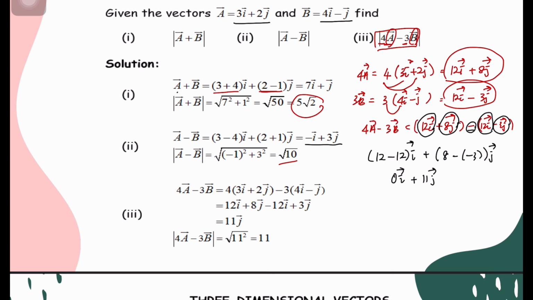And 0i is 0, so you just have 11j as 4a minus 3b. So this is 4a minus 3b, not yet the magnitude.